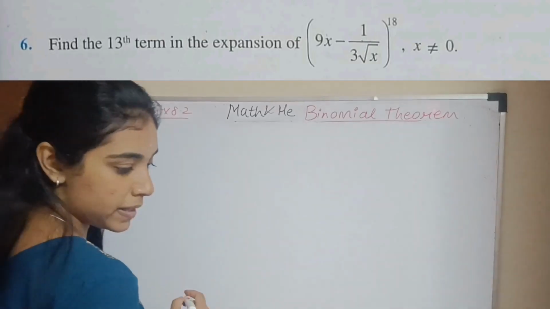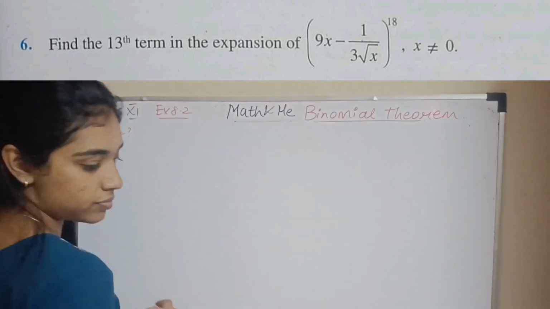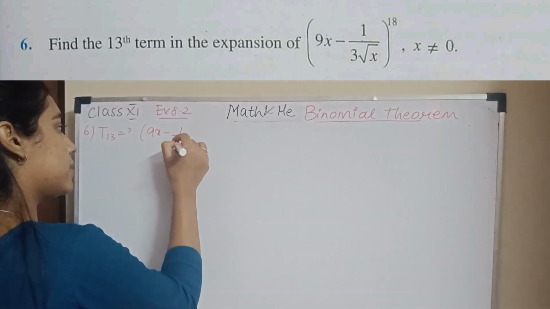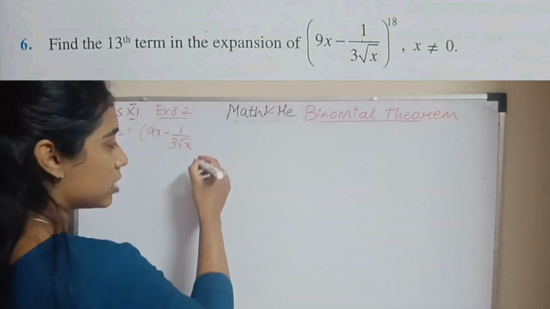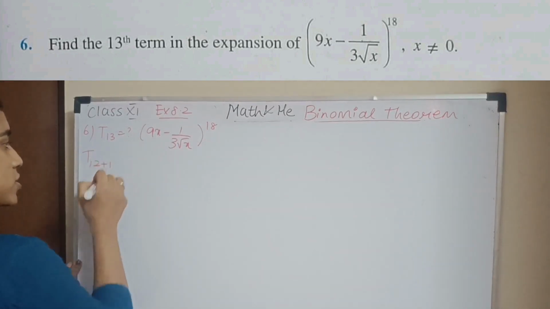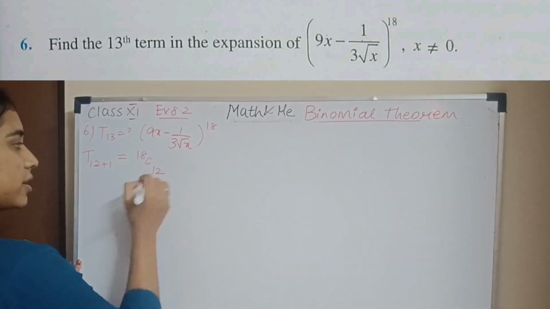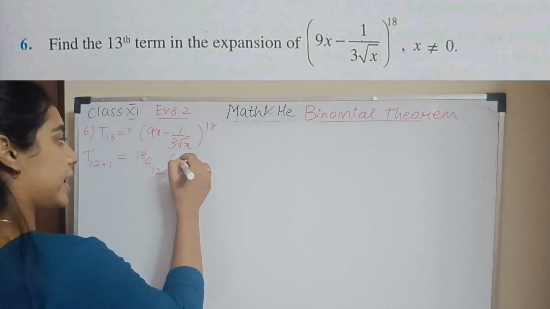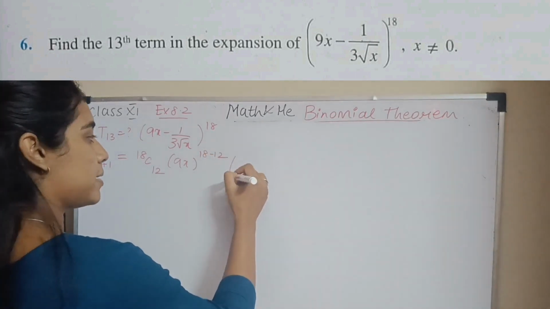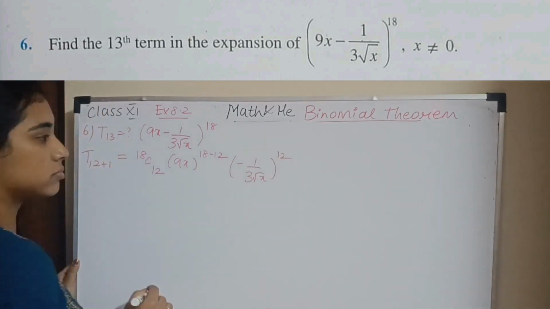Sixth question. Find the 13th term in the expansion (9x − 1/(3√x))^18. So T13 is T(12+1) equals nCr, 18Cr, a^(n−r) times b^r.